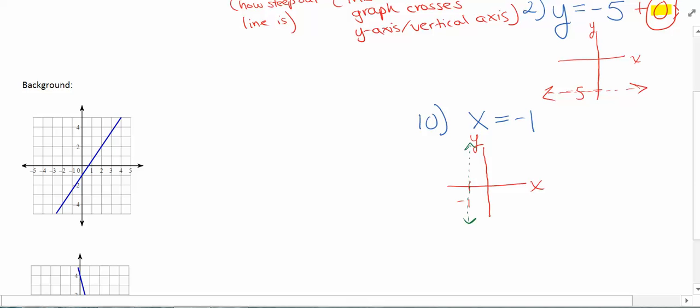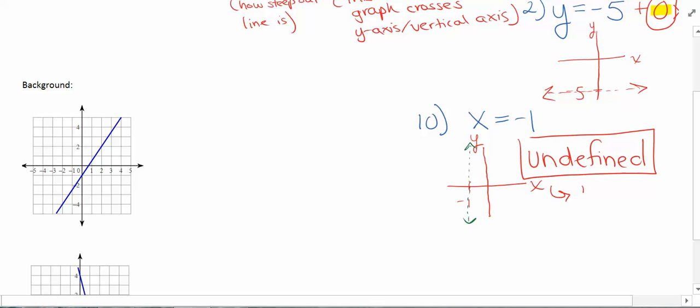And our slope, well, we can't really measure the steepness of this line. This is a vertical line, so this is a special case where our slope is actually a special word called undefined. We can't figure out what it's going to be. Okay, this also is going to happen if you look at like number 12, and let's see if there's any other ones. Nope, it looks like just number 12.